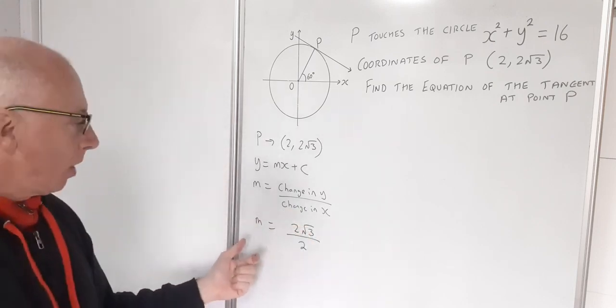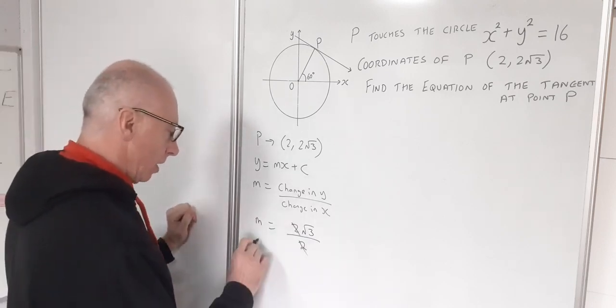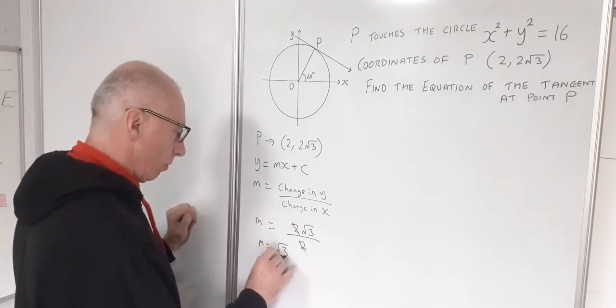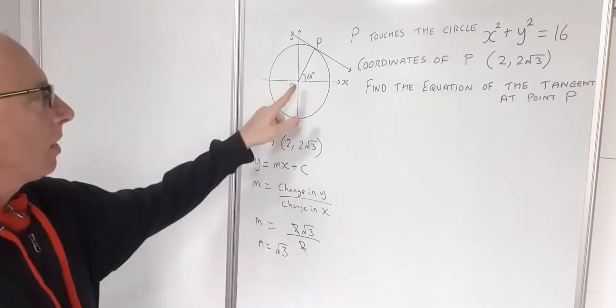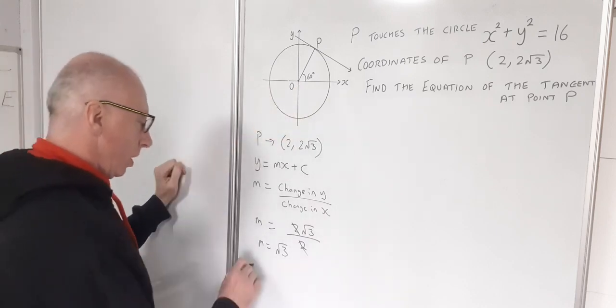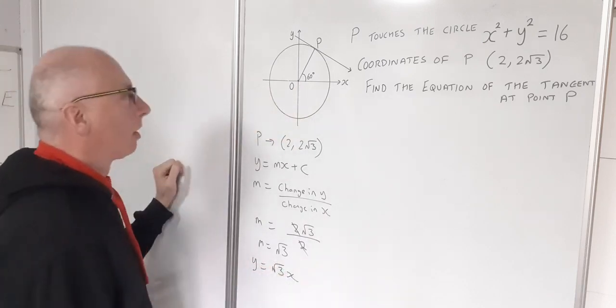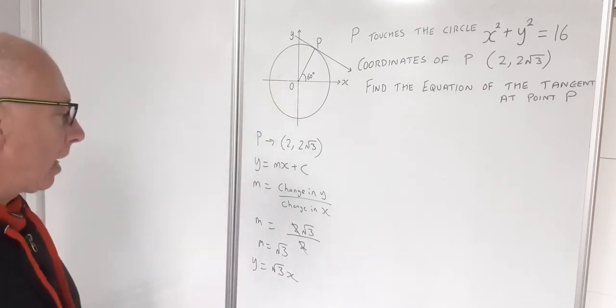Okay, so now we know our gradient is going to be root 3, just by cancelling that out. So m equals root 3. Now we know that c is going to be 0 because that's where it touches the origin. So we could write this as y equals root 3x. That could be our equation for that line.